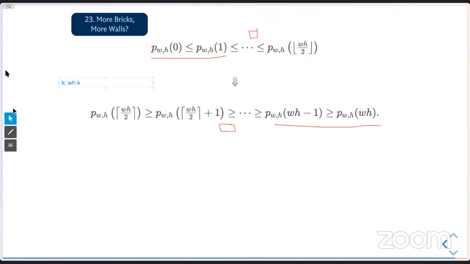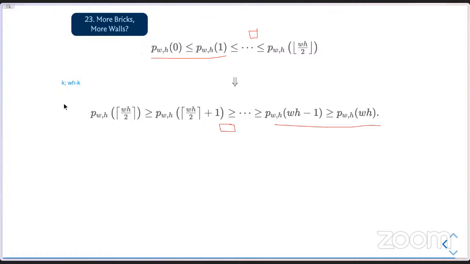Yes, so Krishna has beaten me to it by quite a mile. I was going to say that if the number of bricks that you have is k, then the number of empty locations is WH minus k, which means that if you're working with at most half the bricks, then you have white space that's at least half.